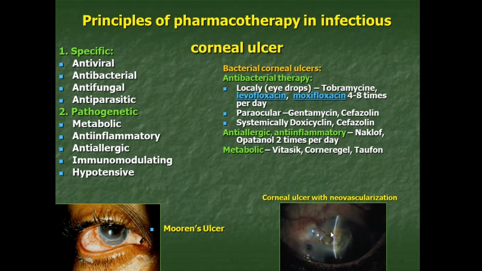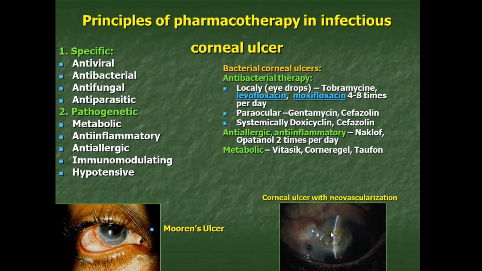If we know that the cause of the ulcer is bacterial infection, we should prescribe antibacterial therapy, like in a case of keratitis, but we should prescribe stronger antibiotics more often. We can prescribe conjunctival or paraocular injections of broad-spectrum antibiotics.